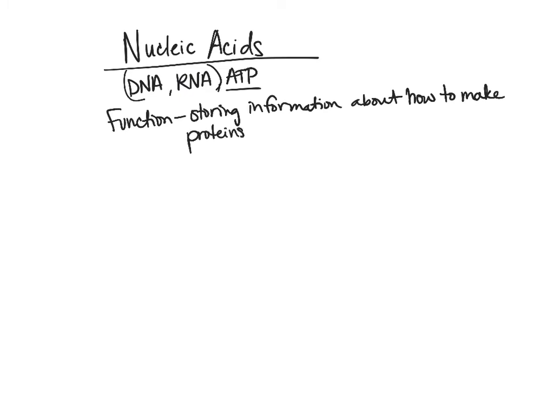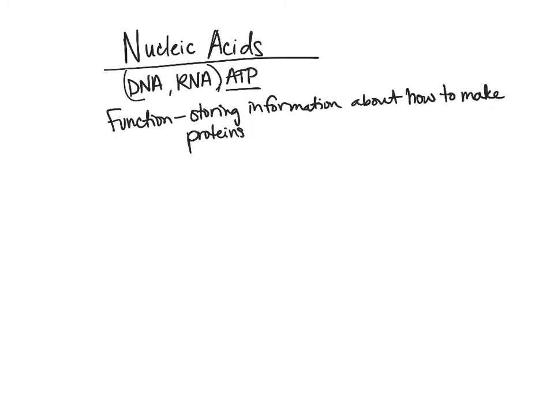ATP is a little bit different. Our DNA is our main storage form of information for how to make all of the proteins inside of a cell. And then our RNA is going to utilize that information in DNA and be a part of the process of making those proteins.